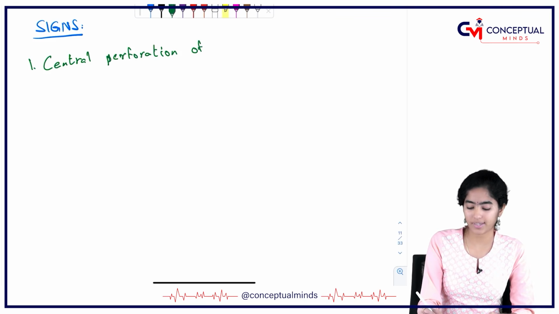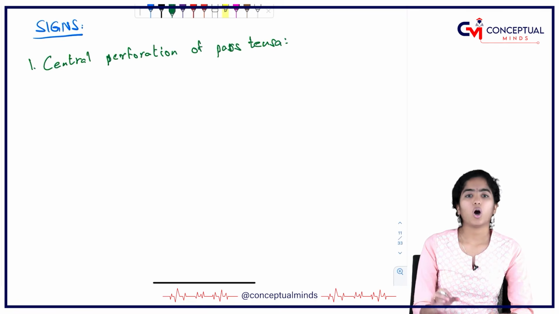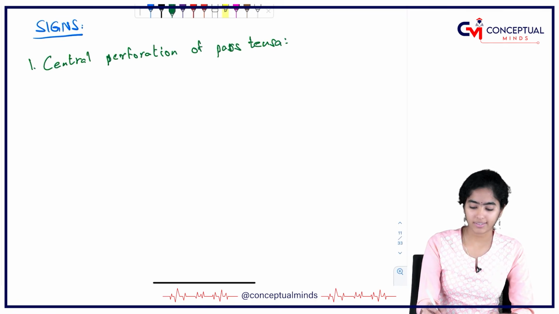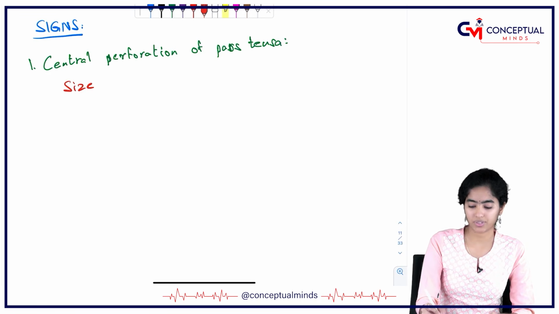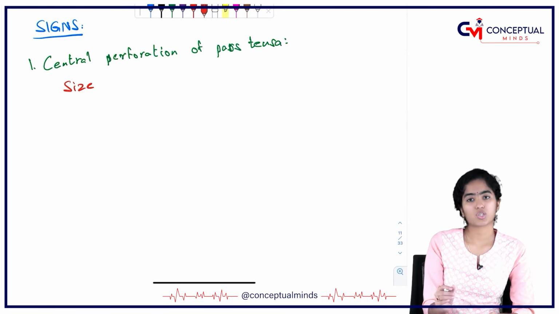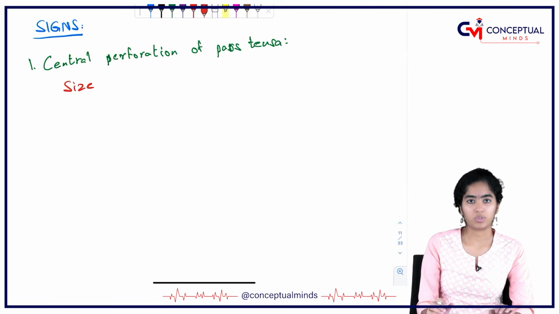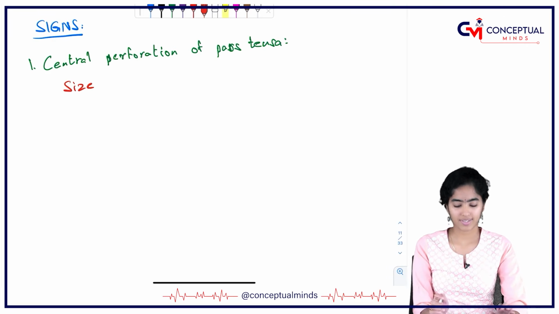But in tubotympanic type, we observe a central perforation of pars tensa. On examination, we have to identify various features such as size of perforation, whether it is small, medium, large or subtotal perforation. Subtotal in the sense it extends to more than 2 quadrants.